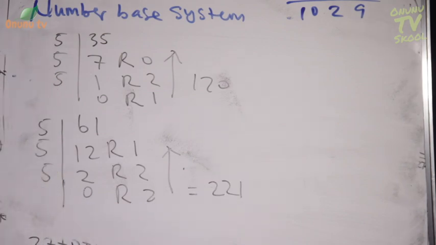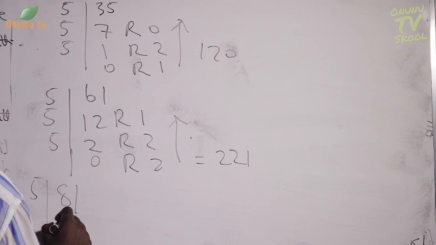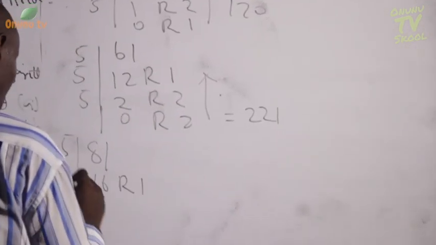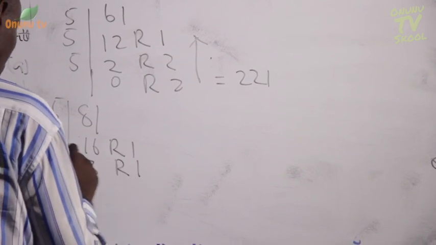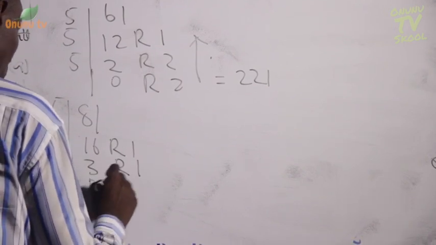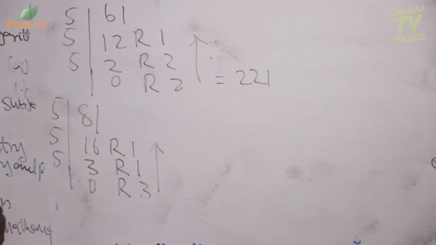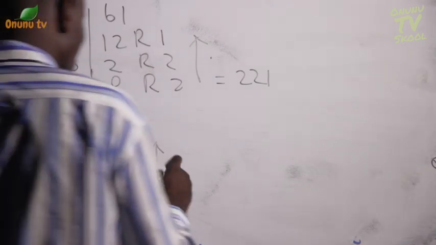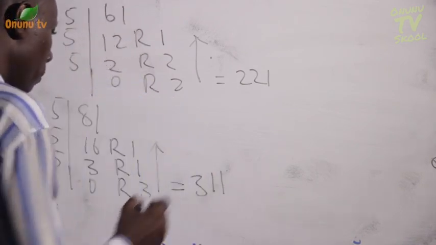Now we come to 81. 5 here is 16, remainder 1. 5 here is 3, remainder 1. 5 here is 0, remainder 3. So this is equal to 3, 1, 1 base 5.